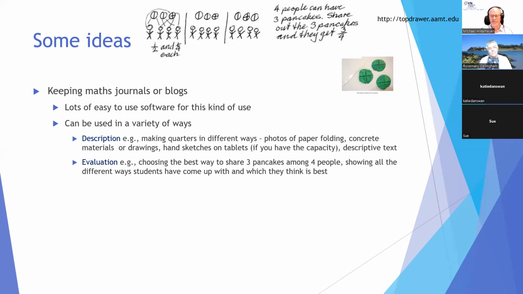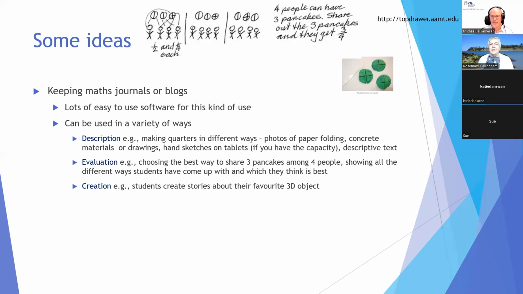Kids have all sorts of ways of doing this. And there's always one child who says, well, I'm going to eat the extra one. But again, you can put those sorts of things into a blog, use pictures, use photographs, and so on. But again, it's decide which of the various ways that the group has come up with do you think is the best, and justify that decision.